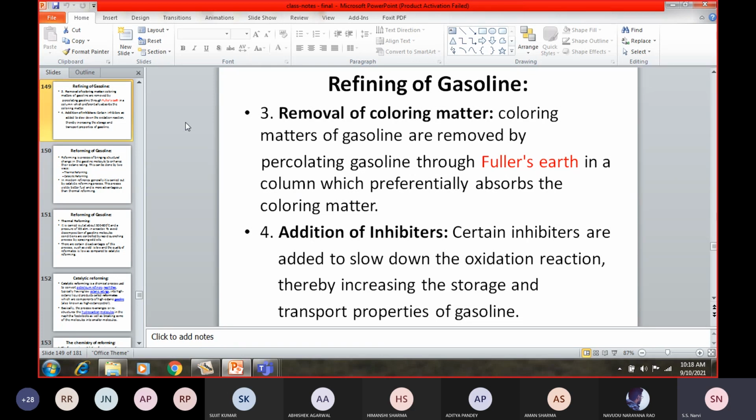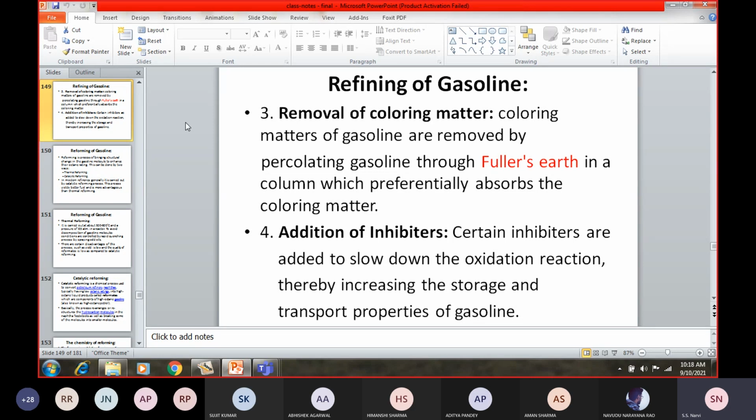In earlier times, the knocking tendency of the engine was controlled by addition of tetraethyl lead, in addition to ethyl bromide.